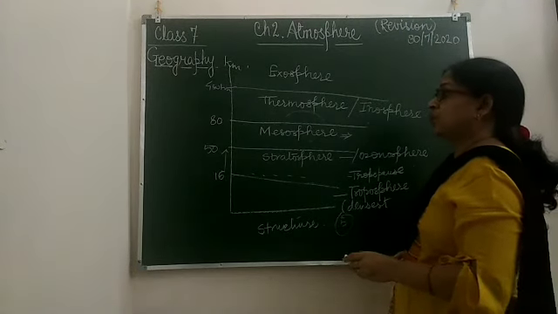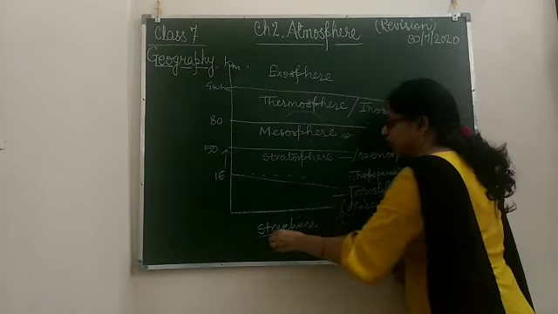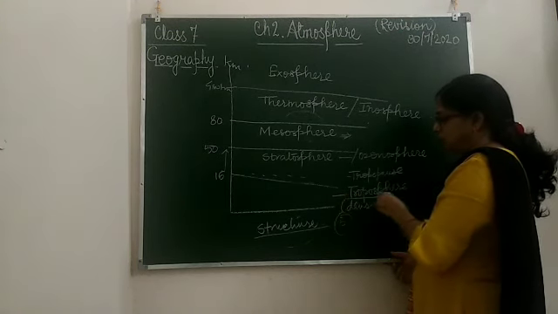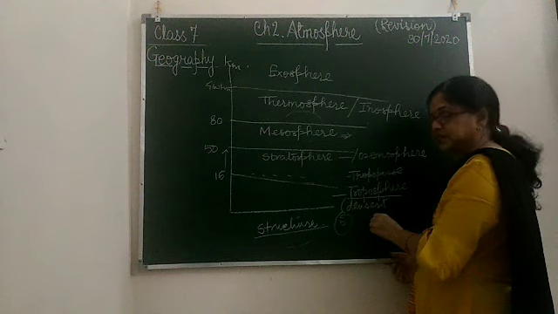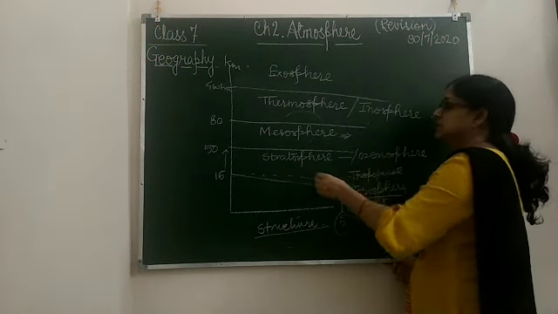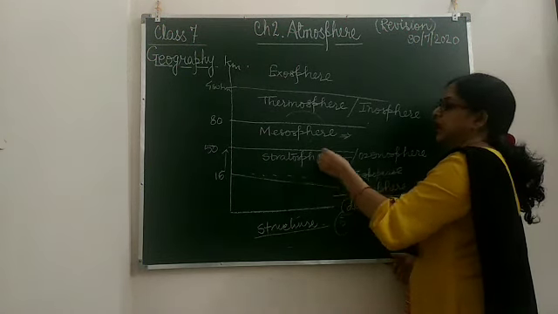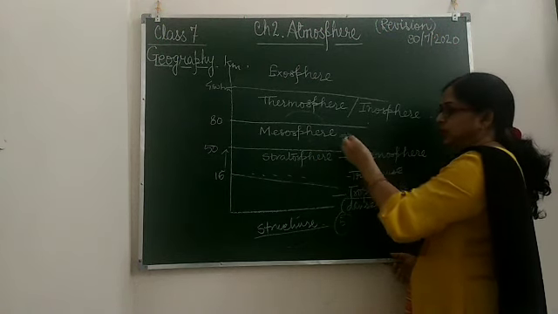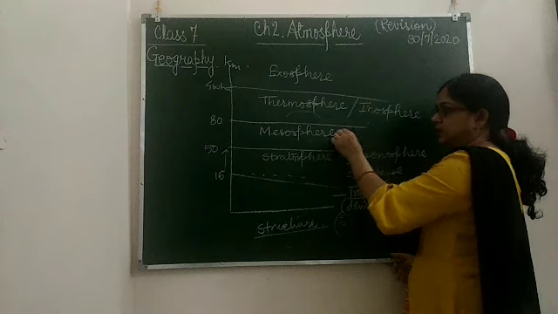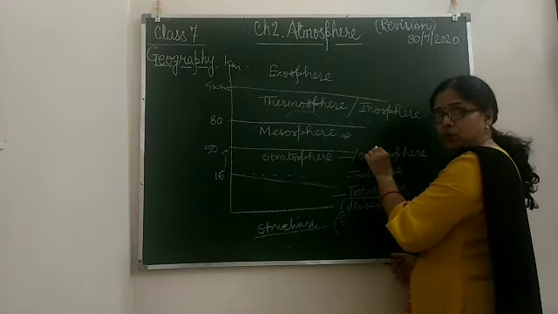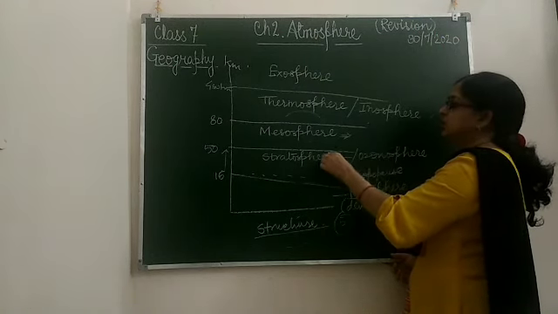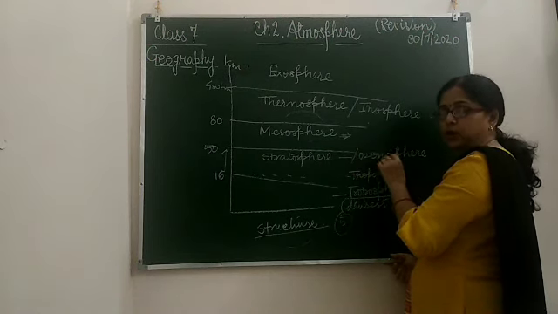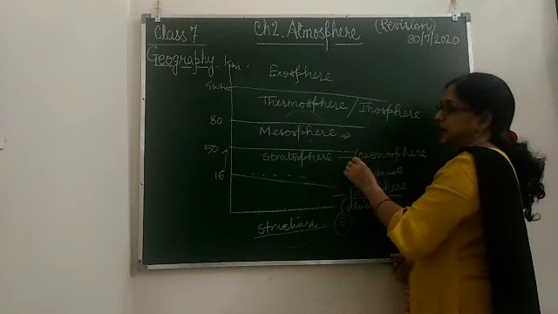So what we come to know about the structure of the atmosphere is that it consists of 5 layers. The lowest one is the troposphere, which is also the densest layer. The transition zone between the troposphere and stratosphere is called tropopause. Then between the stratosphere and mesosphere is called stratopause, and stratosphere is also called ozonosphere because of the presence of ozone gas.